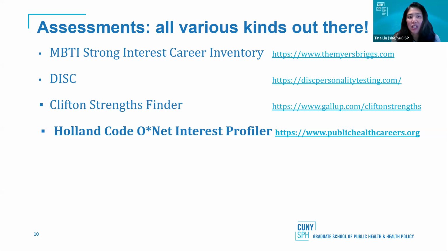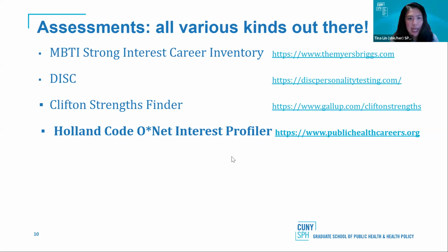There's also the Clifton StrengthsFinder, which pinpoints an individual's top five strengths across theme groups in four domains: strategic thinking, relationship building, influencing, and executing.